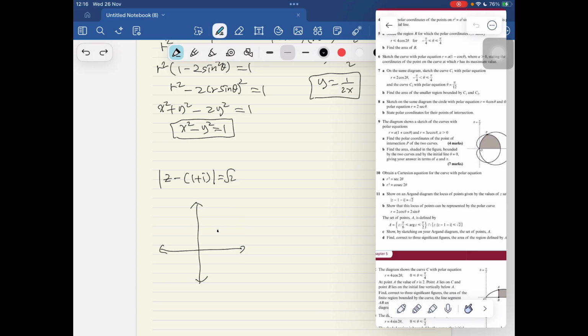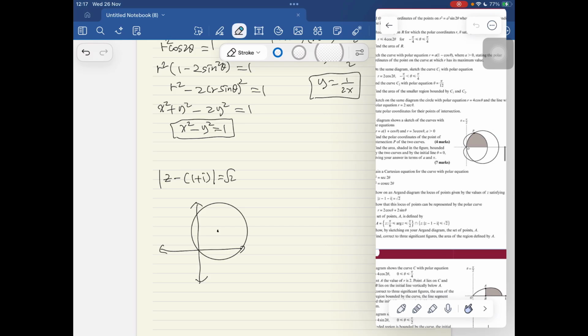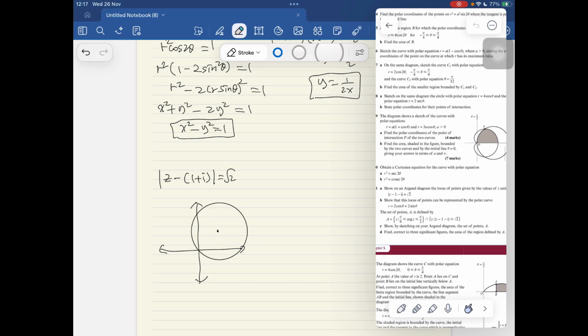This is a circle, I'm not very good at drawing. Something like this, but no shade. So this is on the diagram, to show that this locus of points can be represented like this.